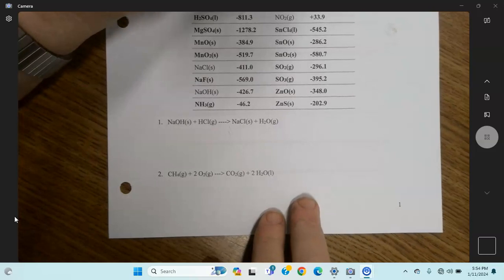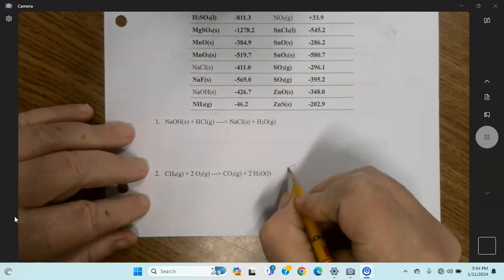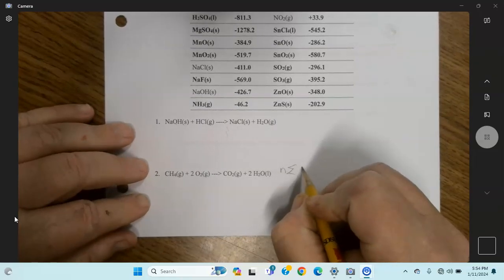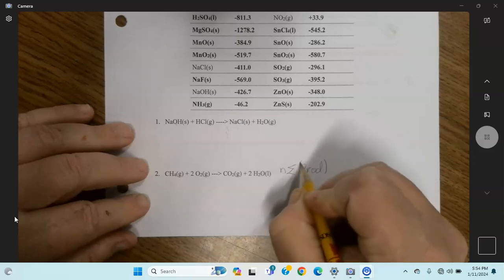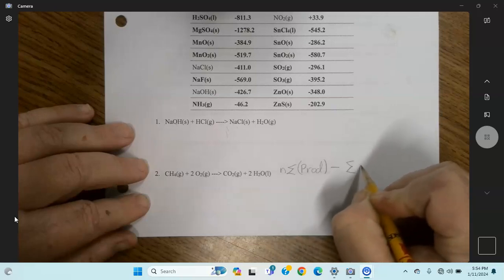So this is the combustion of methane. All right, and so the formula is the sum of the products minus the sum of the reactants.